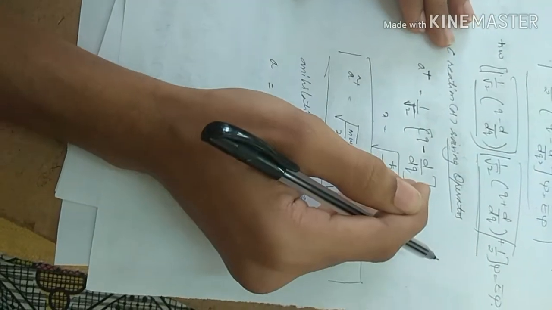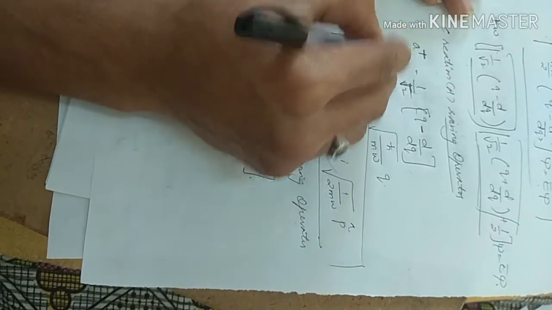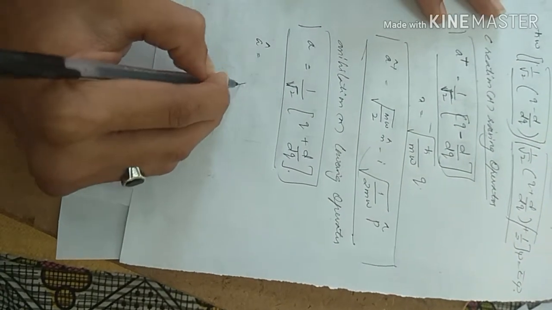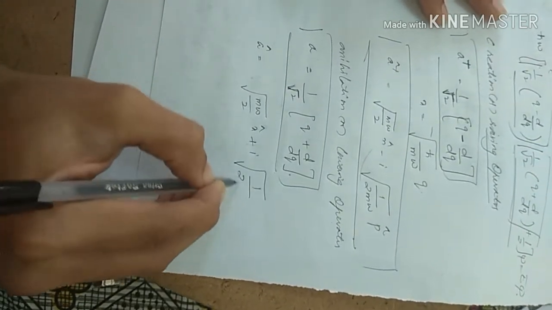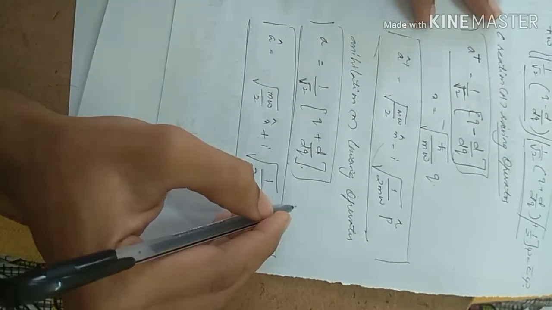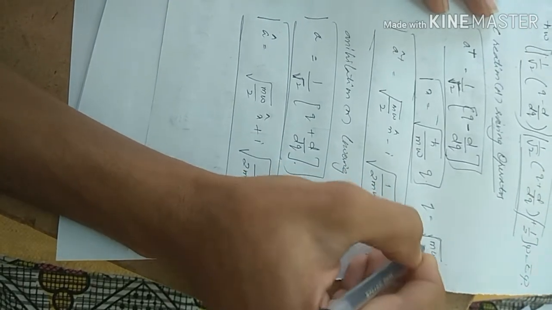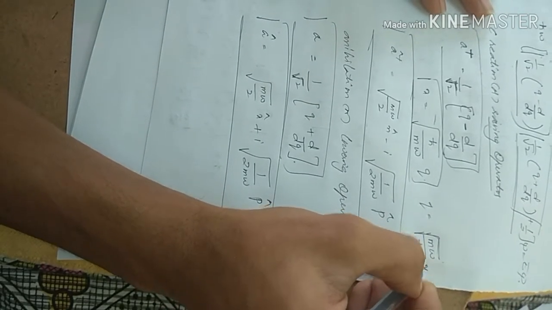Take the opposite of it so that you can easily remember that. The annihilation operator is written in the form root of m omega by 2 h, x cap plus i of 1 by root 2 m omega h, p cap. We get this equation by substituting the q value, where q equals root of m omega by h into x.